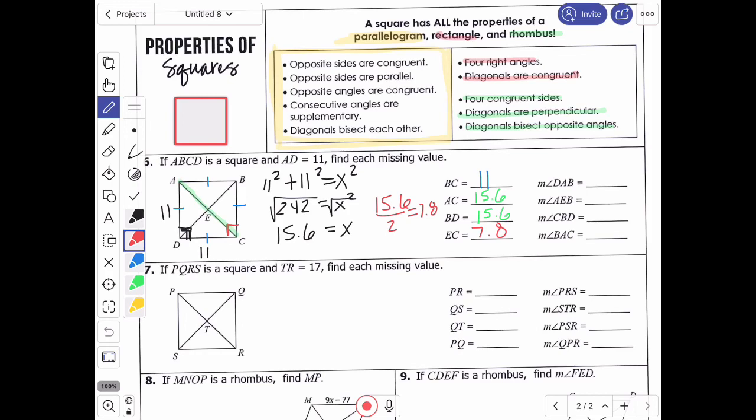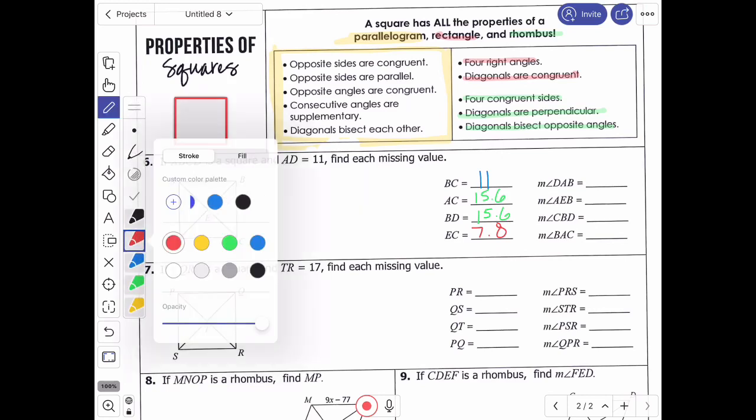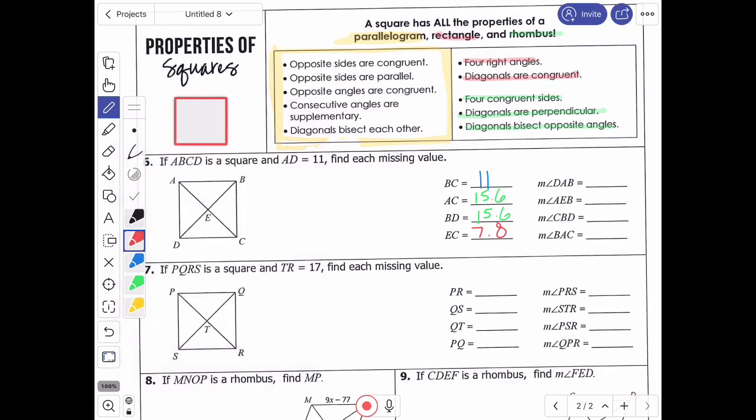Now I'm going to work with my angles, so I'm actually going to erase this stuff, because this is all to do with my sides. And really the only thing you should know is these 90-degree angles, because again, the diagonals are perpendicular to each other, so they're creating those 90-degree angles here.